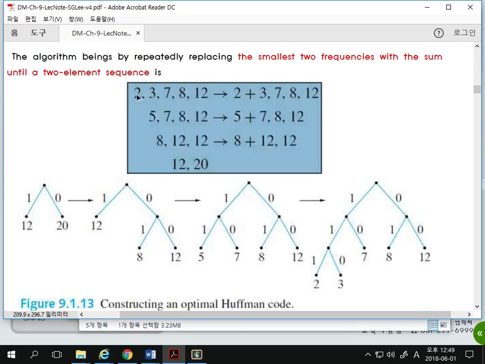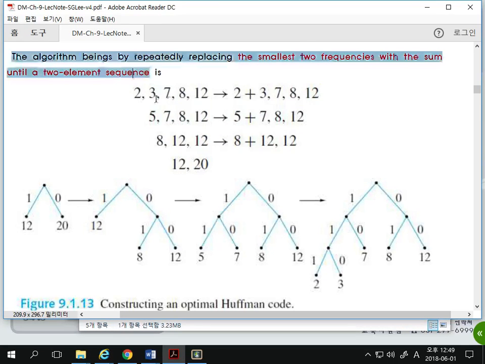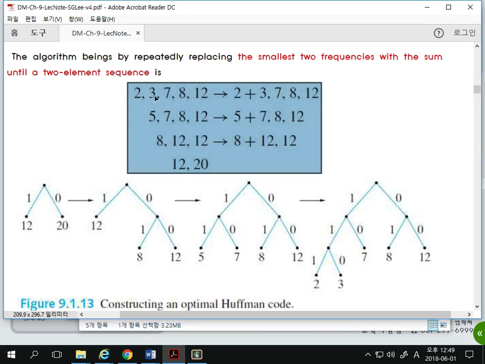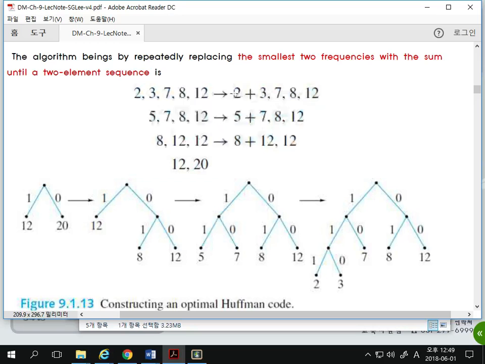For example, if we have these 5 numbers, then the smallest two numbers, 2 and 3, are added. So you have 5, 7, 8, 12. Then you add the smallest two, which makes 12. So 8, 12, 12 is what you have. Then add the smallest two, which gives you 20.